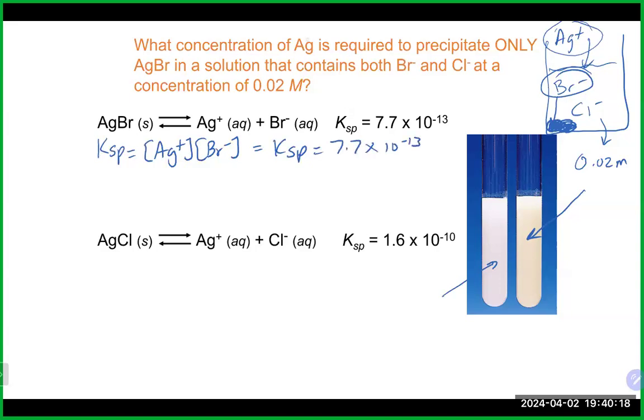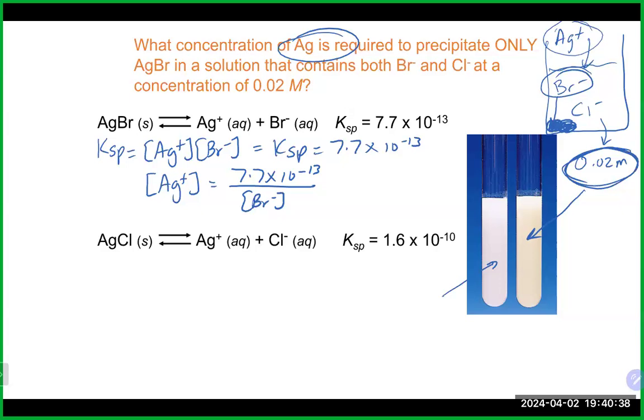Now I'm interested in really how much silver I would need to do this. So I could rearrange this expression and solve for the silver ion, and that would equal our KSP value of 7.7 times 10 to the minus 13 divided by the concentration of my bromide ions. I actually know the concentration of my bromide ions in this example, as they gave it to me, which means I could put that in there: 7.7 times 10 to the minus 13 divided by 0.02, which again is our concentration of bromide that's floating around.